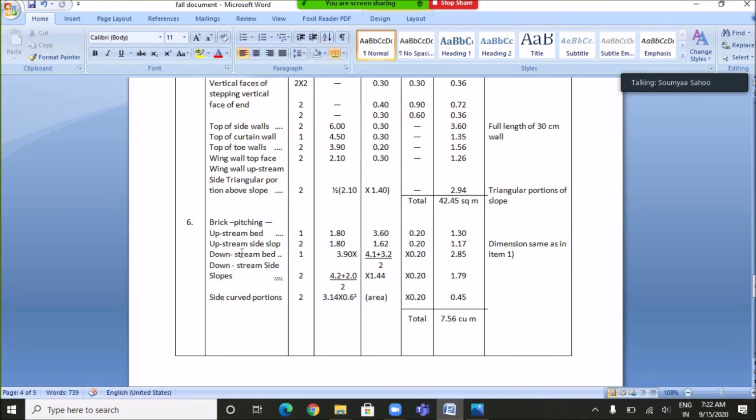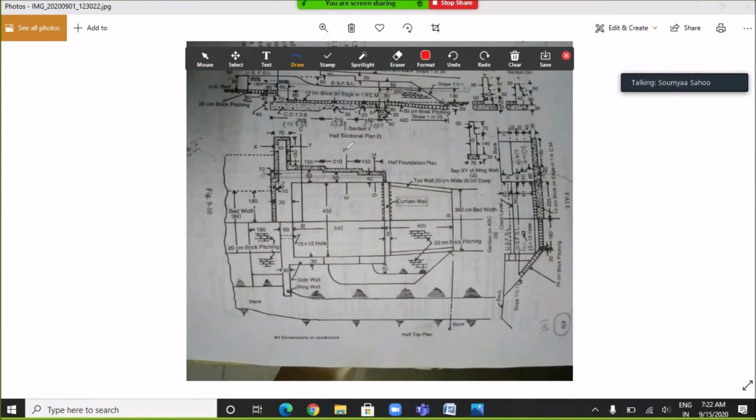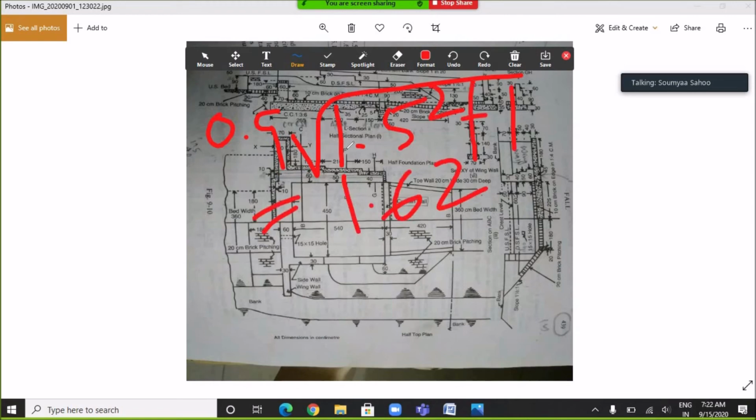Then the brick pitching is also done in the upstream side slope. The number of side slopes will be 2 and the length is 1.8 meter and the breadth will be 0.9 root over of 1.5 square plus 1, which is equals to 1.62 meter.